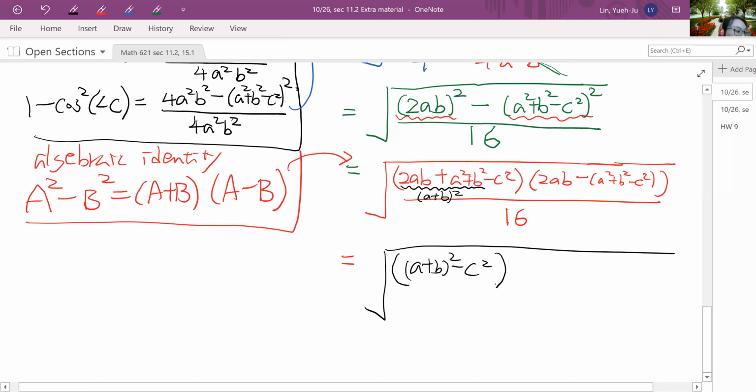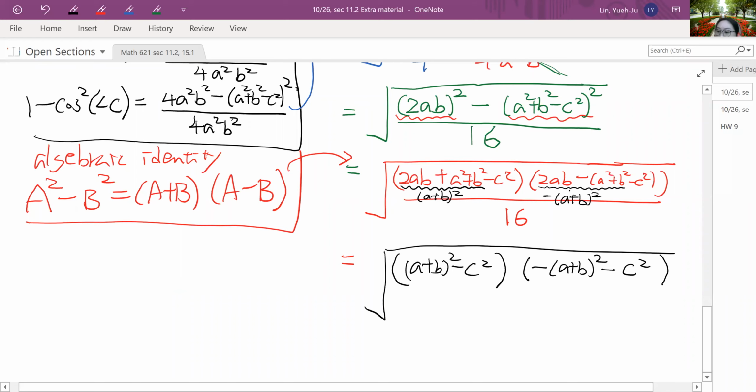And this thing here, if you look at it, it's going to give you minus a plus b to the perfect square. If you think about it, then this would be the case. So that would be minus a plus b to the perfect square minus c squared.